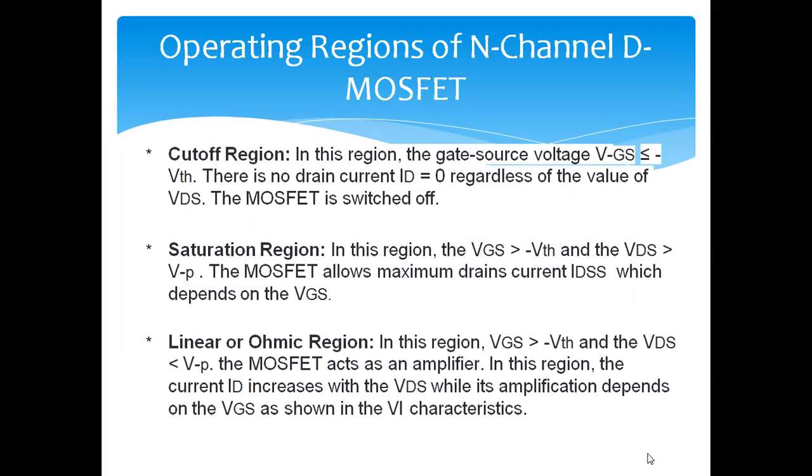Now the saturation region, the third region. The first one is the cutoff, the middle one is the linear or ohmic region or amplification, and the topmost region is the saturation region. What is the condition for the saturation region? In this region, VGS is greater than minus VTH and VDS is also greater than V minus P. That means if you still increase both voltages, the N channel depletion MOSFET will go to the saturation region, right?